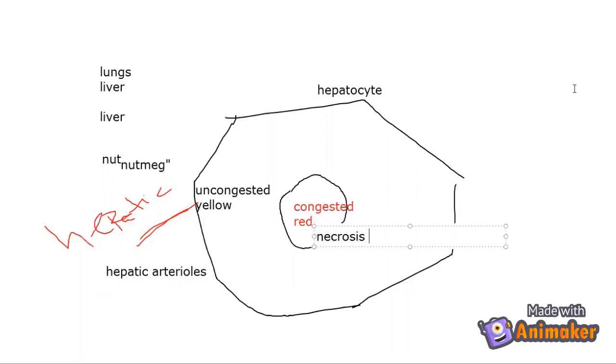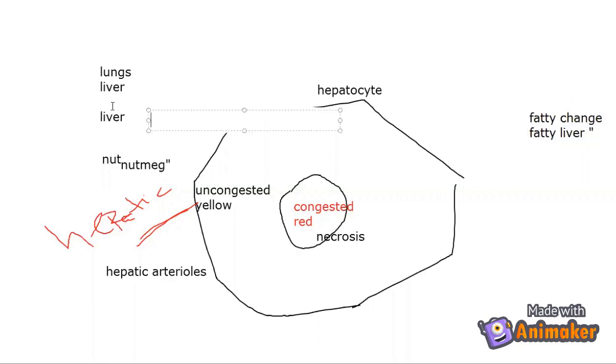This whole appearance appears as a nutmeg. And we can also call it fatty change because it's a reversible change. It's the initial change that is occurring. Fatty change, fatty liver. These are the names that you will also hear about this condition. And this was about the liver, chronic congestion of the liver.